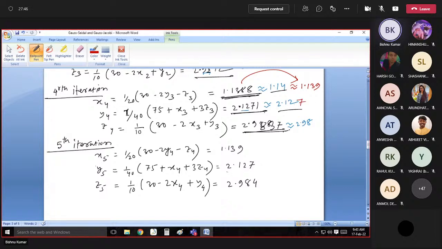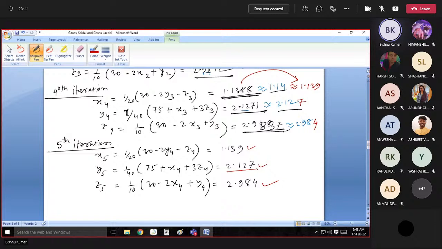This is 2.127. And this is 2.9837. If I round up, this will be 2.984. So up to 3 decimal places, you may write these values. Okay.